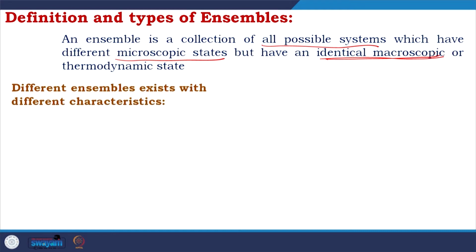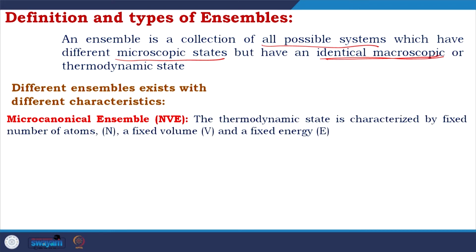There are different types of ensembles with different characteristics. Microcanonical ensemble is NVE. The thermodynamic state is characterized by a fixed number of atoms, designated by N, a fixed volume V, and a fixed energy E.